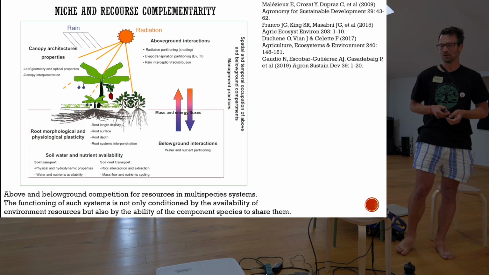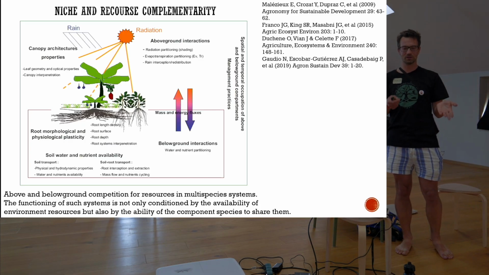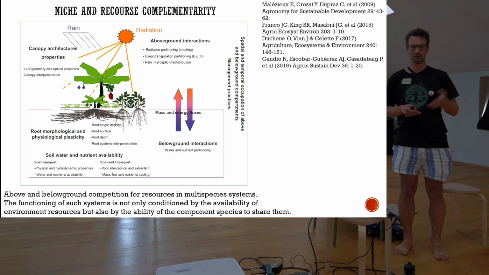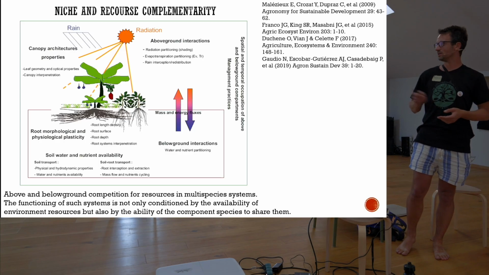So for example, growing together cereals and legumes, wheat for example and pea, at the early stages, before the leguminous crop establishes nitrogen-fixing organs on the roots, they use nitrogen from the soil and they compete with the crop, but later when the plant is growing bigger, the situation changes.